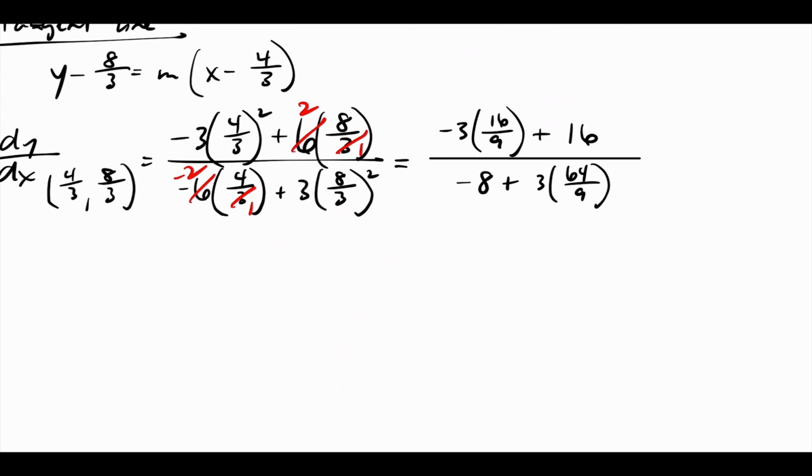Okay, I can simplify a little bit more here. This becomes a 3. This becomes a negative 1. This becomes a 3. This becomes a positive 1. So I get negative 16/3 plus 16 over negative 8 plus 64/3.